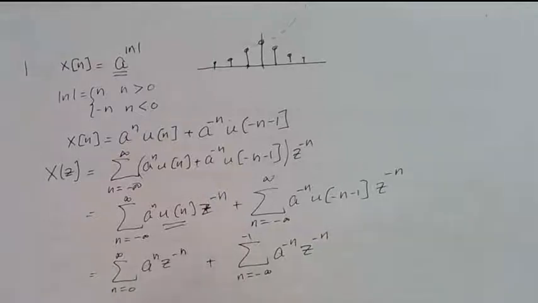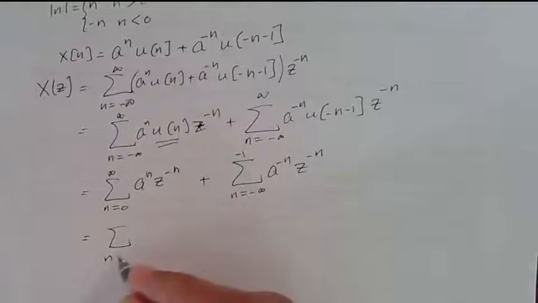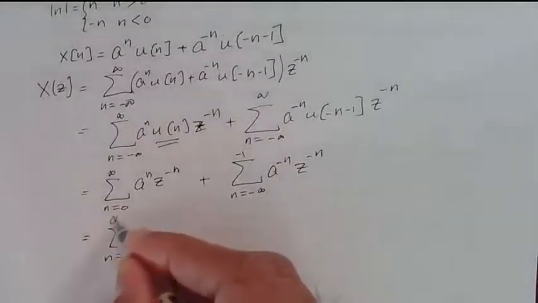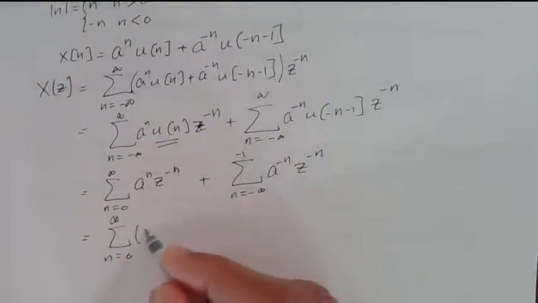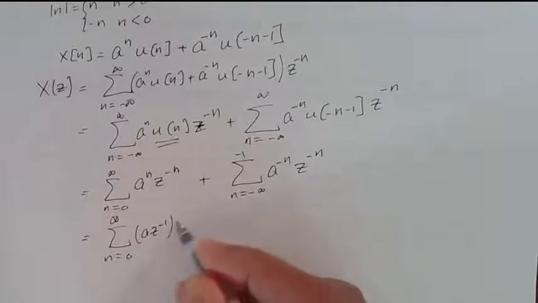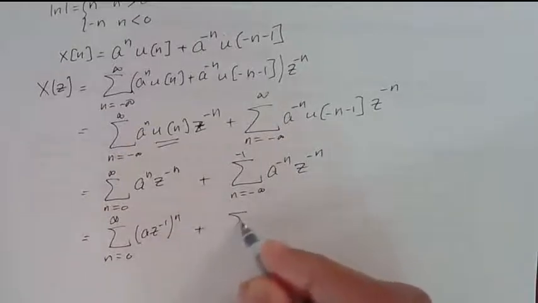Right, I know what this is. Well, let's do the whole thing. n equals 0 to infinity. I can write this as a z to the minus 1 to the power n plus summation.